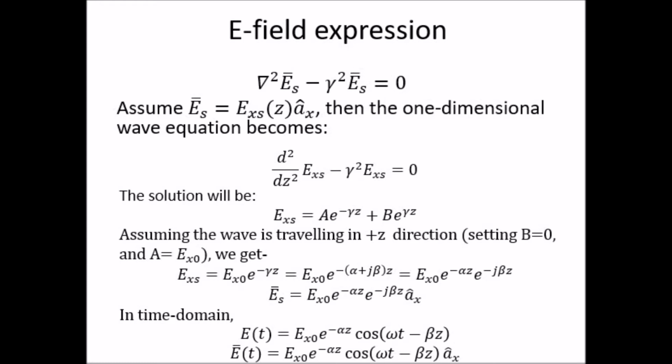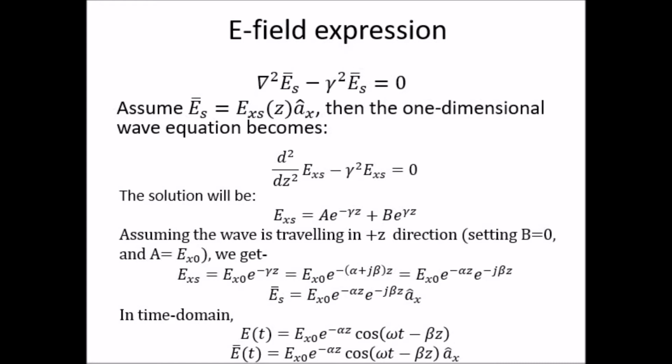The time domain expressions are also shown here. The first expression is Ex0 e to the power negative alpha z cosine of omega t minus beta z, and the second one is in vector form. See this expression, you will find we have two terms.